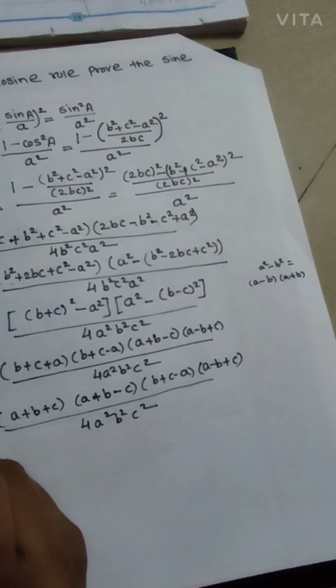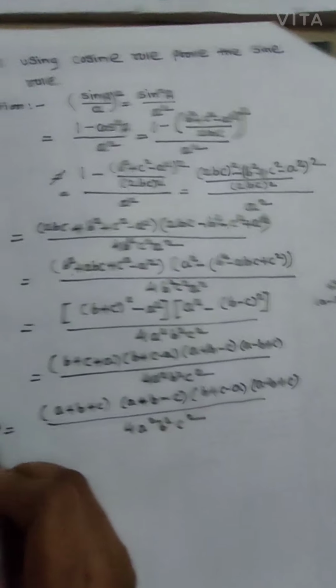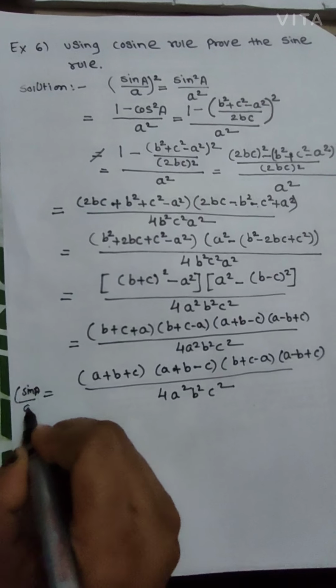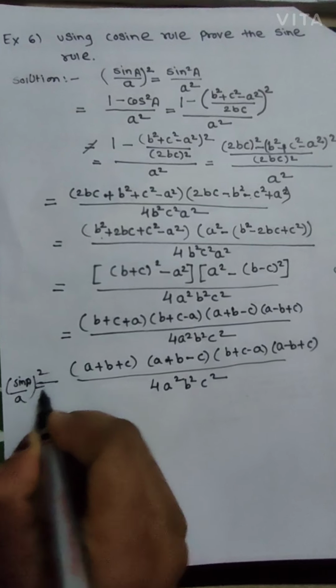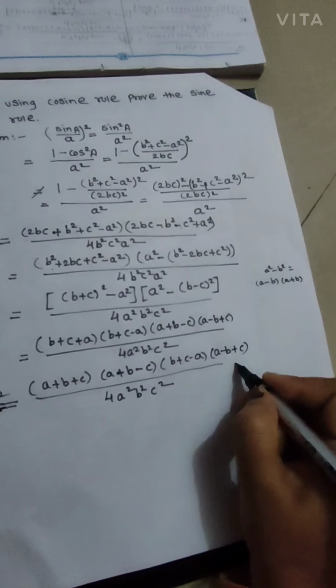Arrange these terms: a plus b plus c, a plus b minus c, then b plus c minus a, then a minus b plus c, over 4a square b square c square. The left-hand side is sin A upon a whole square, which equals this, and this is our equation 1.